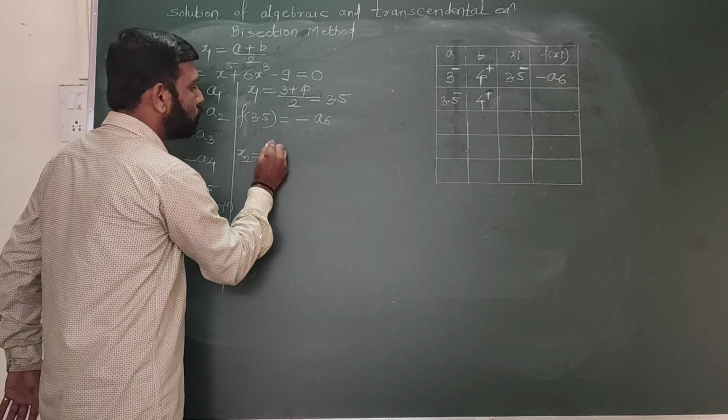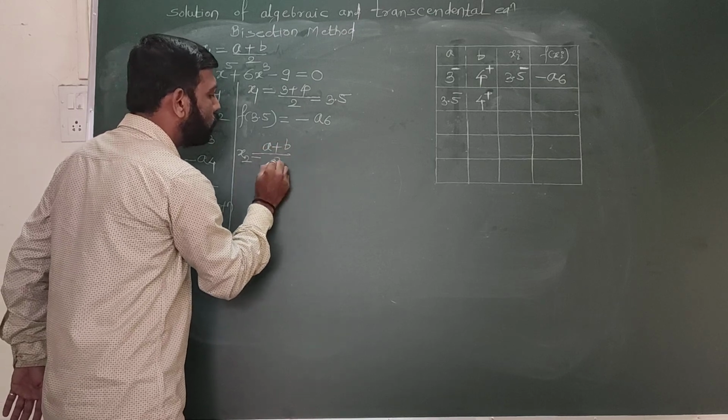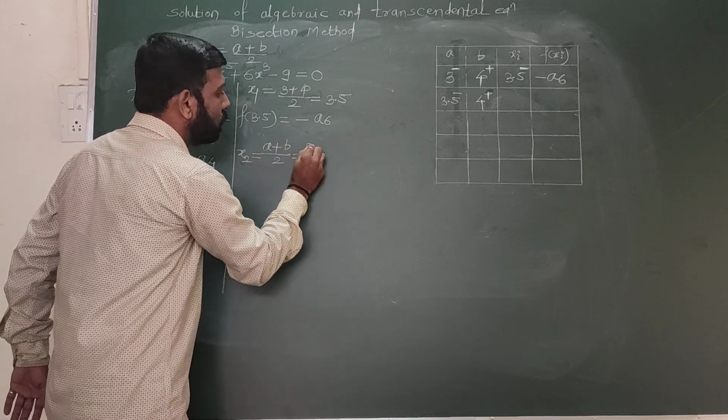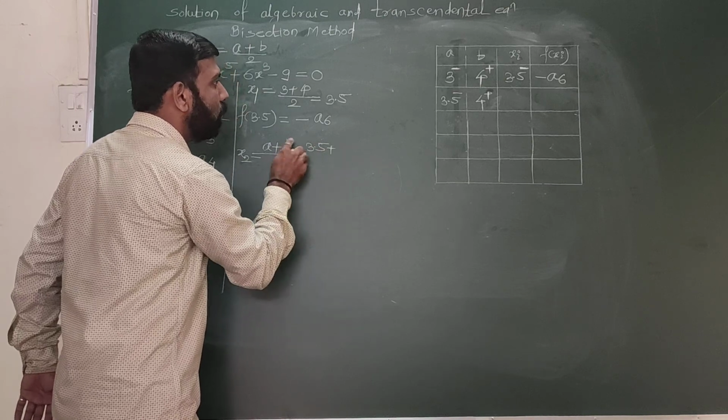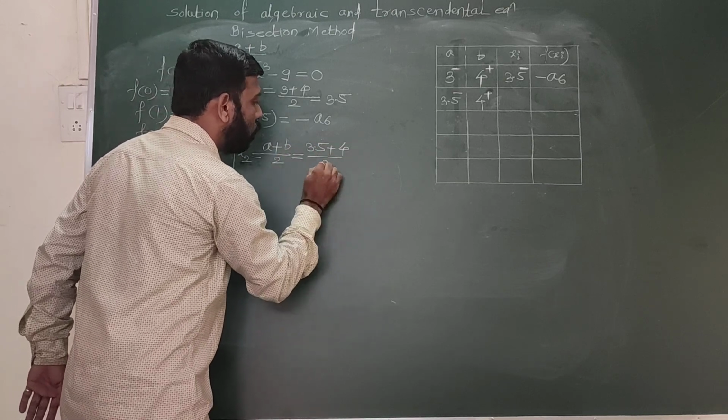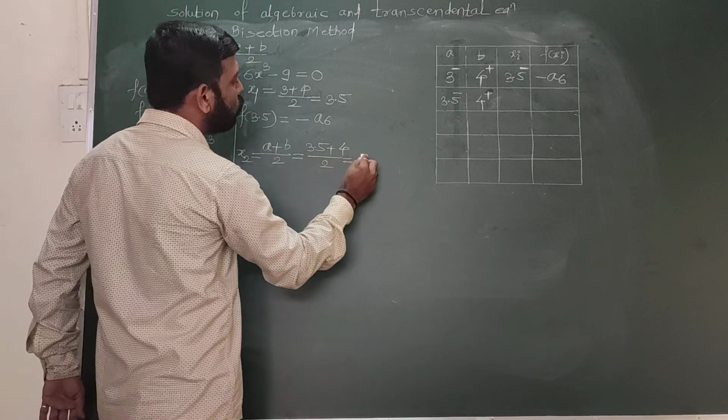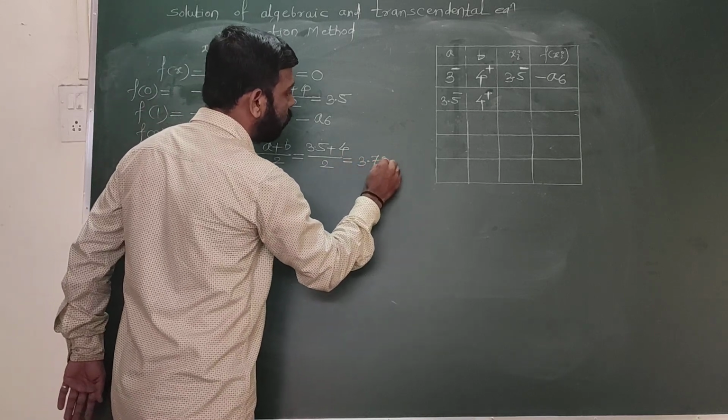So this becomes our next A and B value. Substitute in x2, A plus B upon 2. The value of A is 3.5 plus the value of B is 4, upon 2, which gives us 3.75.